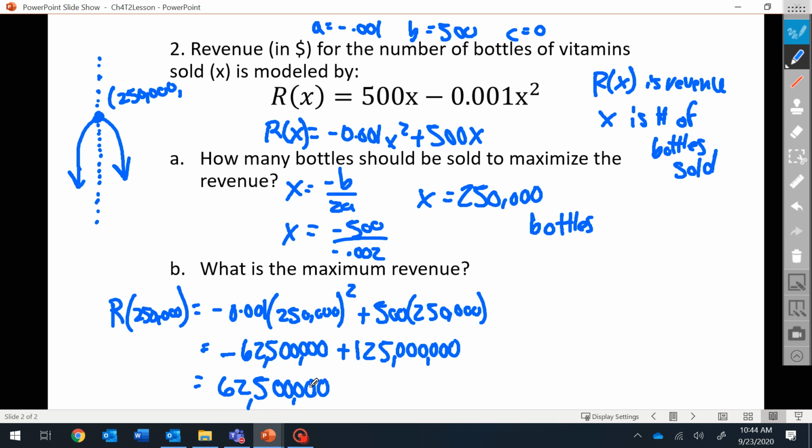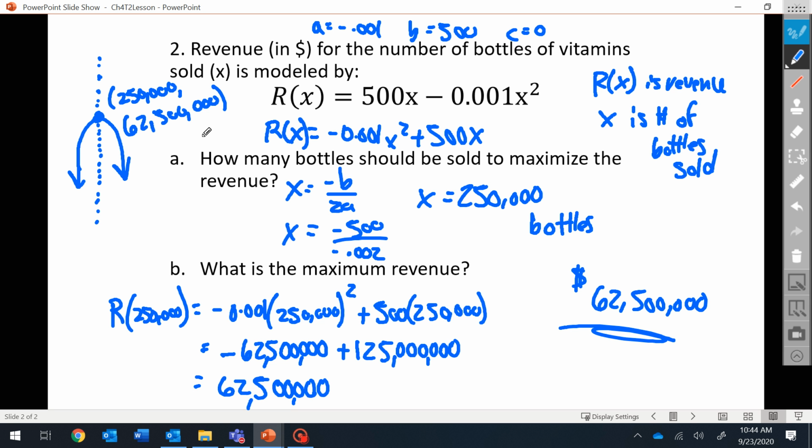So my maximum revenue is $62,500,000. And I reach that revenue by selling 250,000 bottles.